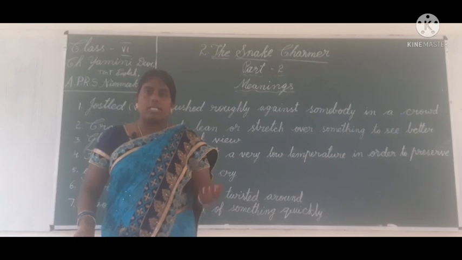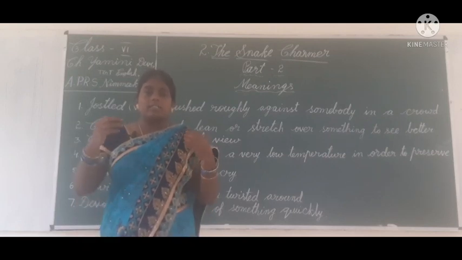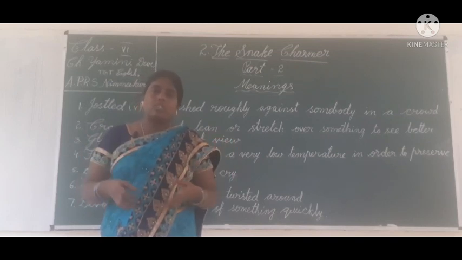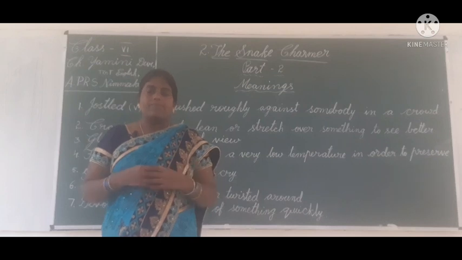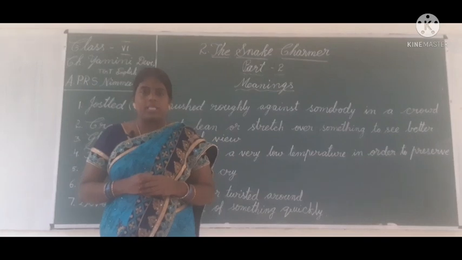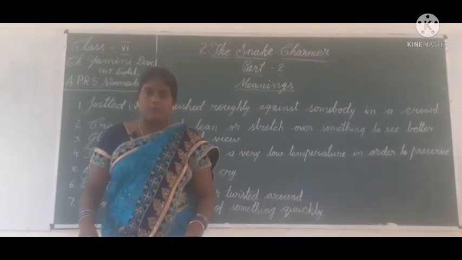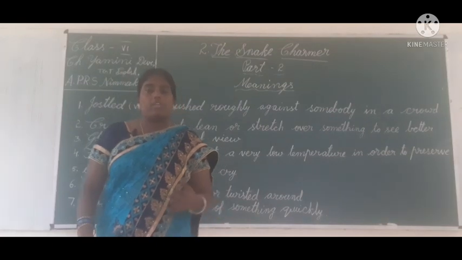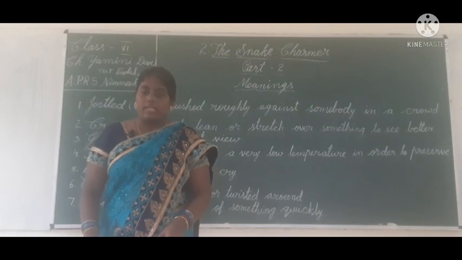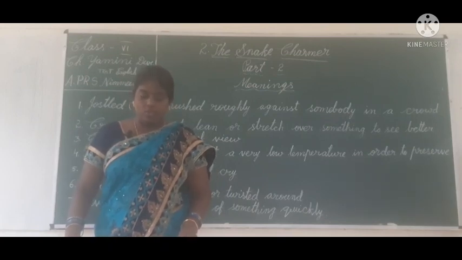Before this they had seen the snake charmer making snakes dance in the bazaars. They had seen many snakes dancing in street performances, but this was much bigger than any snake, and they were all astonished and surprised to see it.